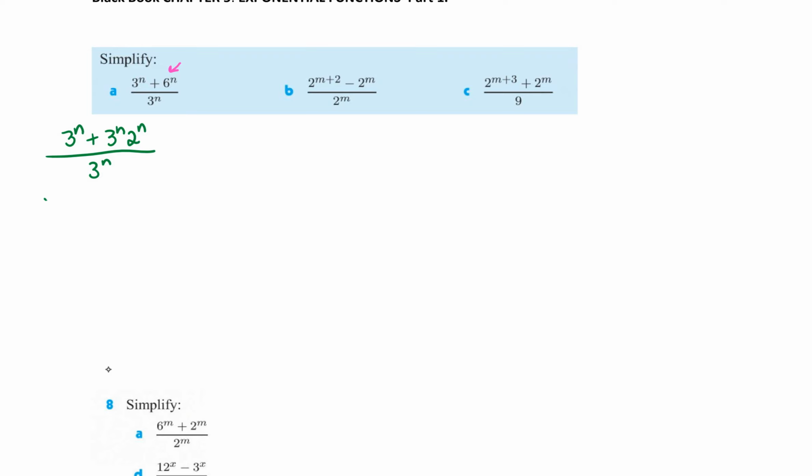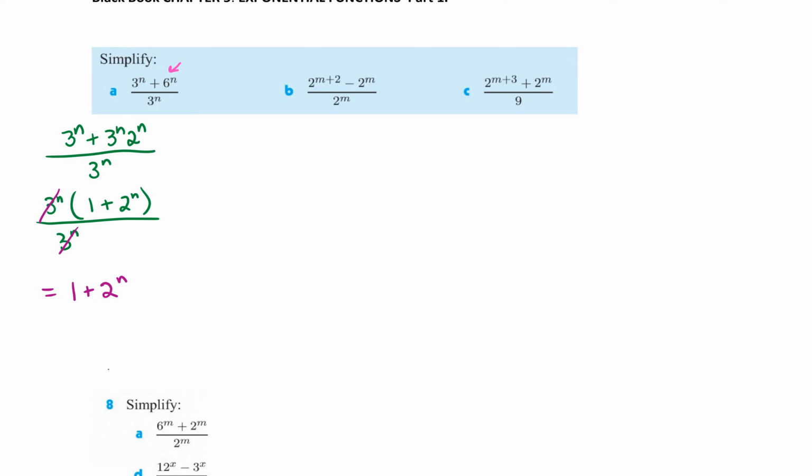So in my numerator, I can take out a 3 to the n, I can GCF it. That would leave me with a 1 plus 2 to the n. In the denominator, I have a 3 to the n. And now I can simplify these factors so that my final solution is 1 plus 2 to the n, or my final simplified expression.